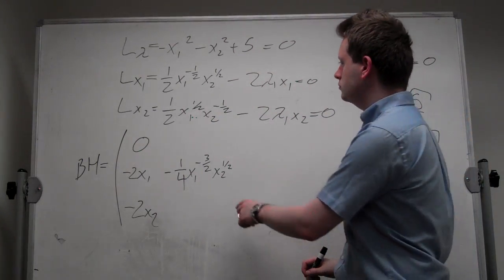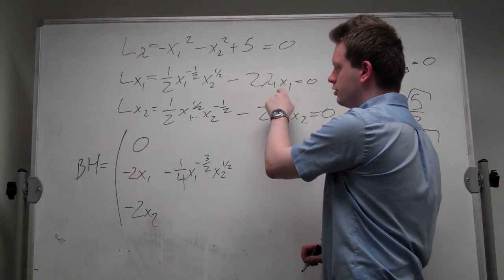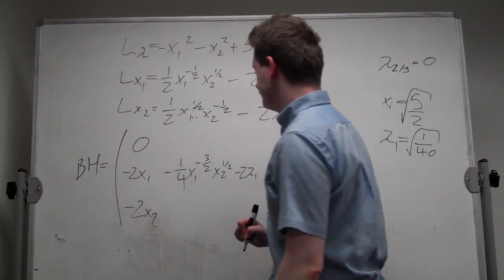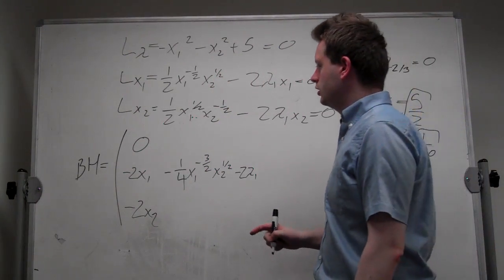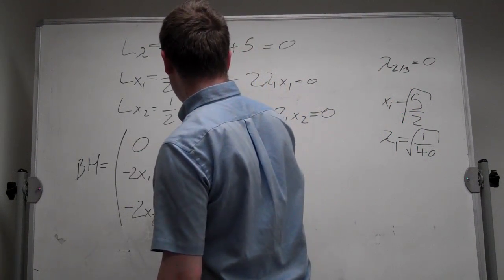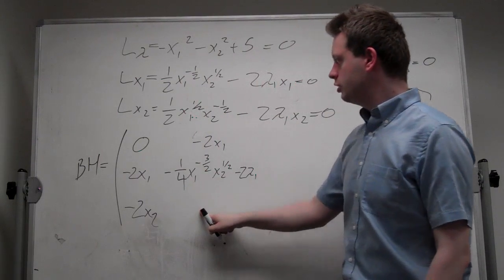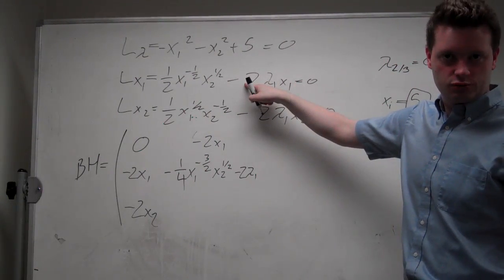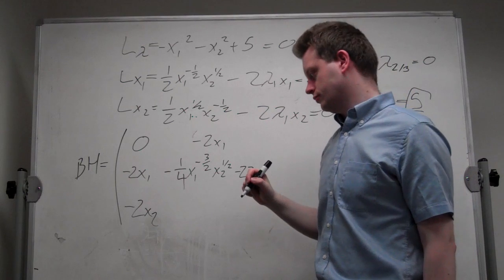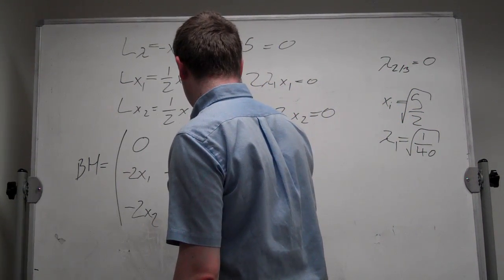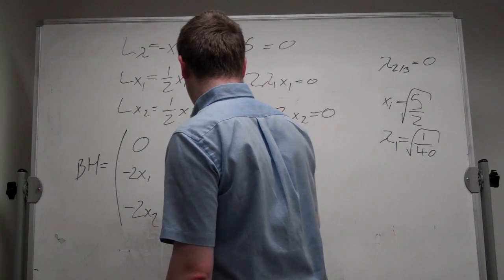And we have this term here. With respect to x1, we get minus 2 lambda 1. Then above it just repeats, so we get minus 2x1. And at the bottom, we take the derivative of this with respect to x2, and we get 1 over 4 x1, x2 to the minus 1 half.